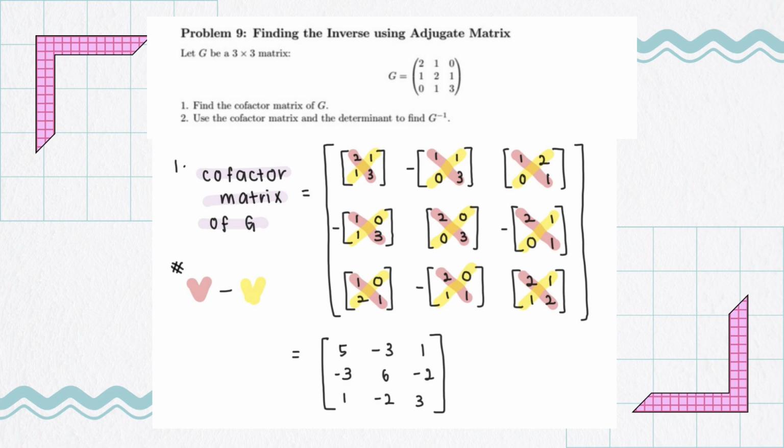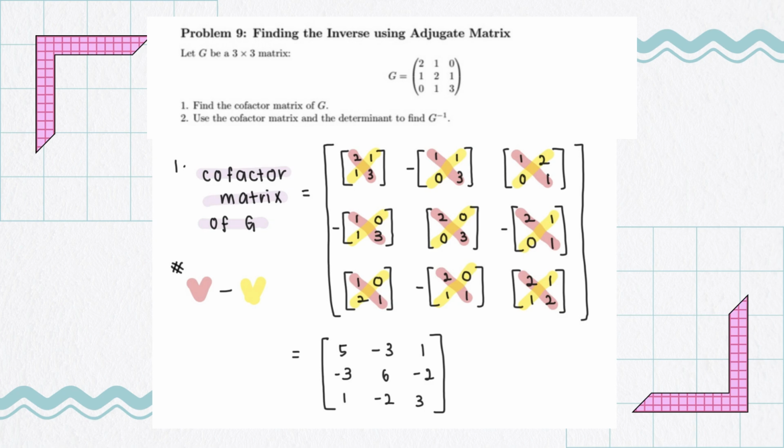Then we get the new minor matrix, which is 2, 1, 1, 3, a 2 by 2 matrix inside the 3 by 3 matrix. So this is how to find the cofactor matrix.